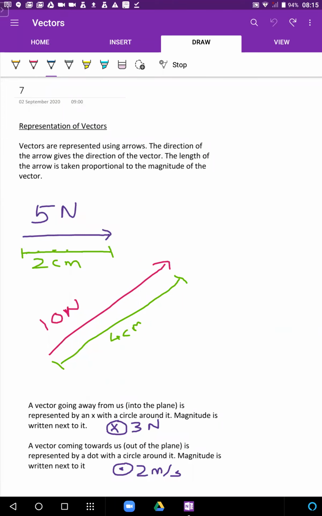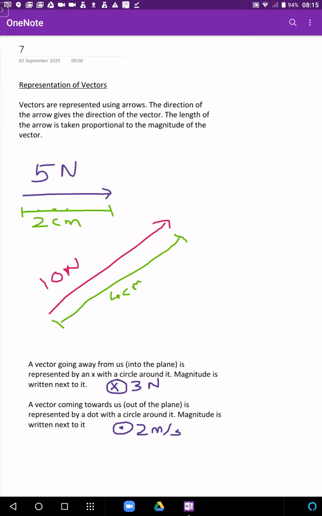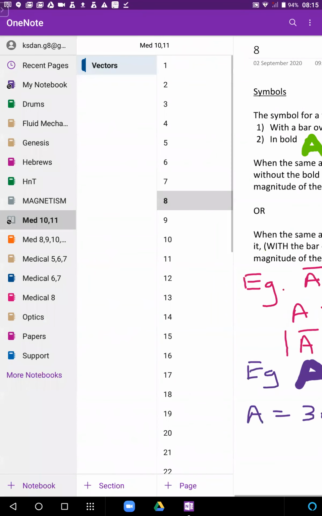So if you want to represent a vector coming towards you, perpendicular to the plane of the screen, perpendicular to the plane of your notebook, then what you'll have to do is you'll have to draw a symbol like this, a circle with a dot around it, because the dot represents the tip of the arrow. Okay, and like if an arrow were to come towards you, what you would typically see is the dot, the tip of the arrow. Okay, that's it. I'll just maybe go over the symbols as well.